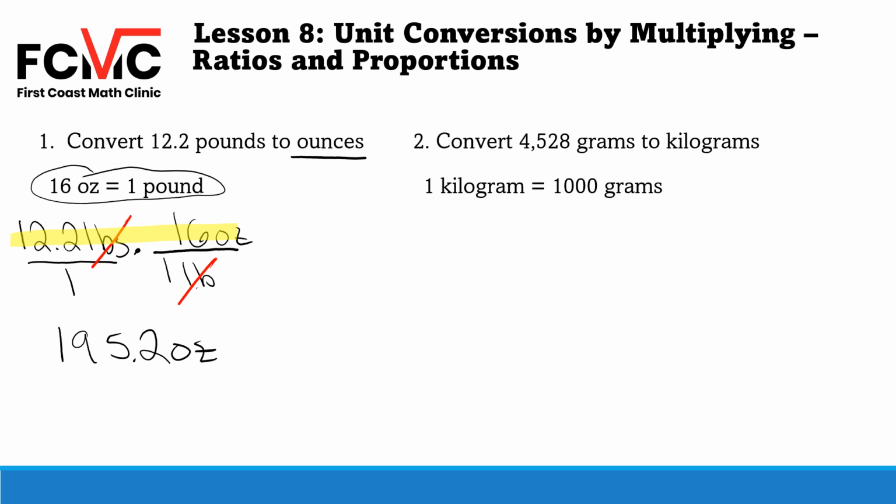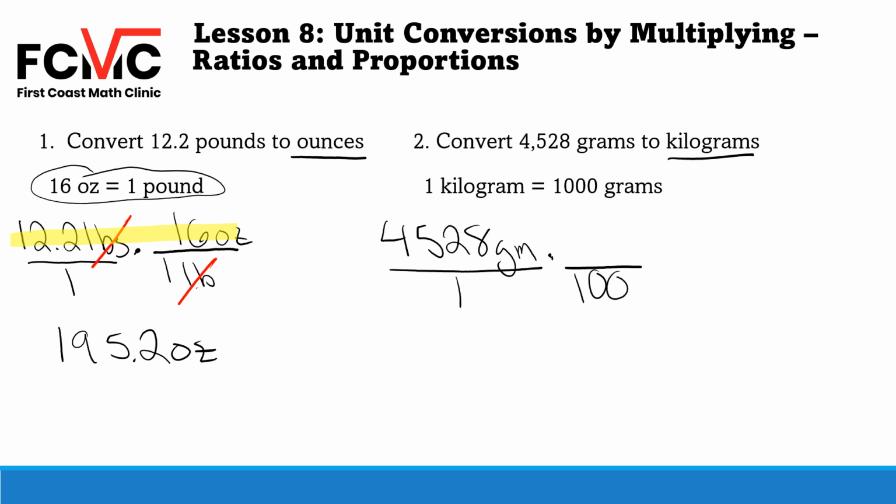ounces. Number 2, I'm converting 4,528 grams to kilograms. So I'll put those grams over 1. I want the grams to cancel out, and I want to be left with kilograms in my answer. So I'm going to put 1 kilogram over 1,000 grams.